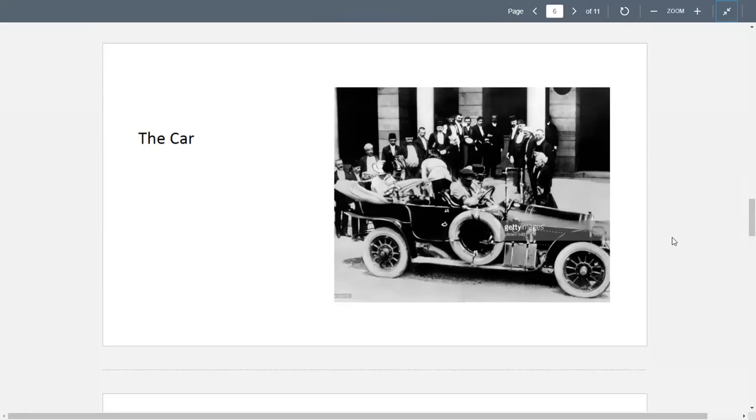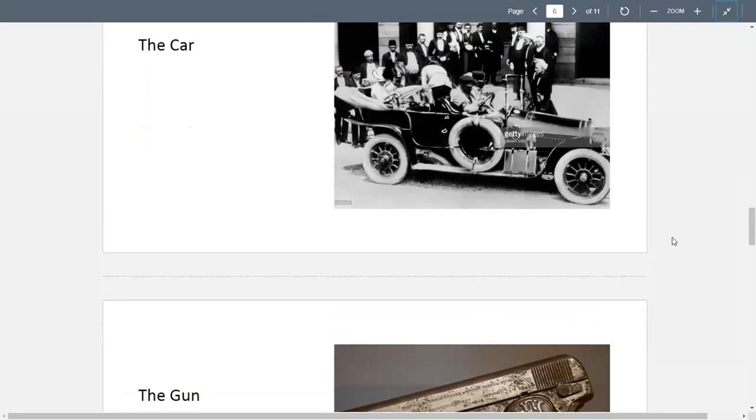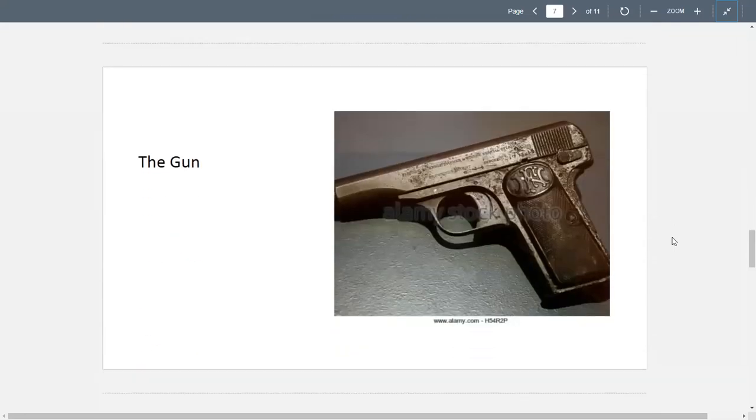And so they had sped away, and nobody in the royal car had been injured. And so what happens is Princip thinks that they have failed. So he wanders the streets and finds a cafe and basically is like, what do I do now, right? We failed, it didn't work. This here is the gun that he used to shoot them.